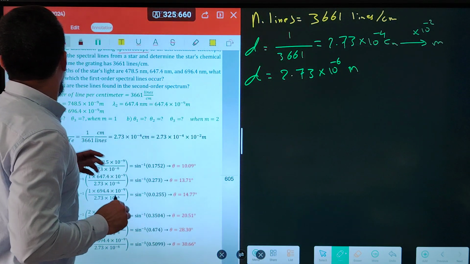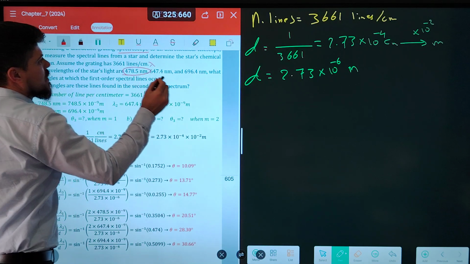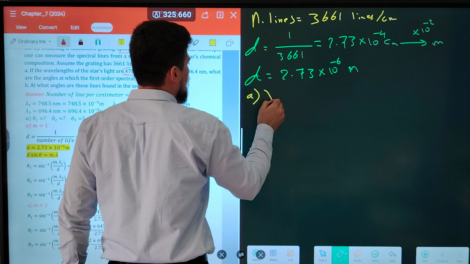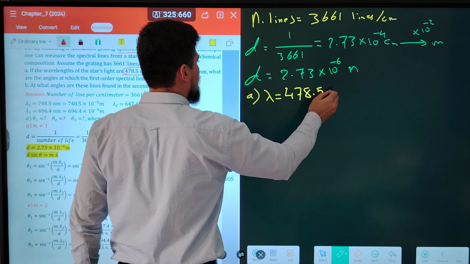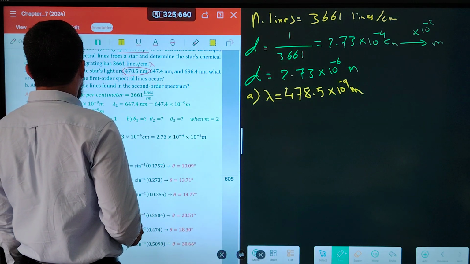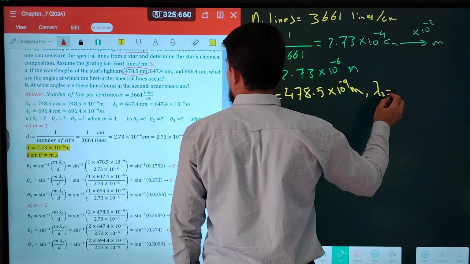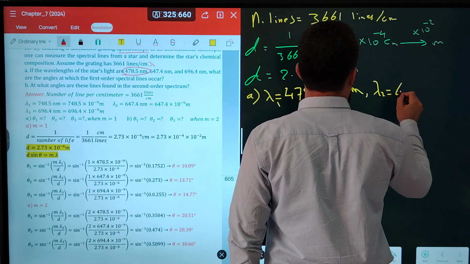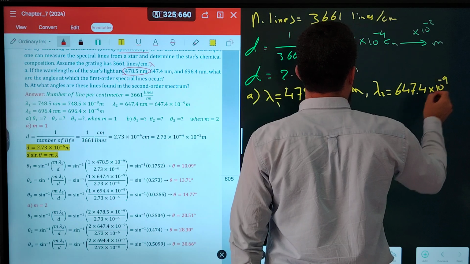If the wavelengths of the star's light are as follows: lambda 1 is equal to 478.5 times 10 to the power negative 9 meter. Lambda 2 is equal to 647.4 times 10 to the power negative 9.